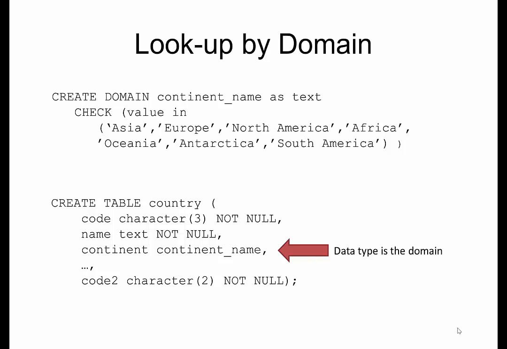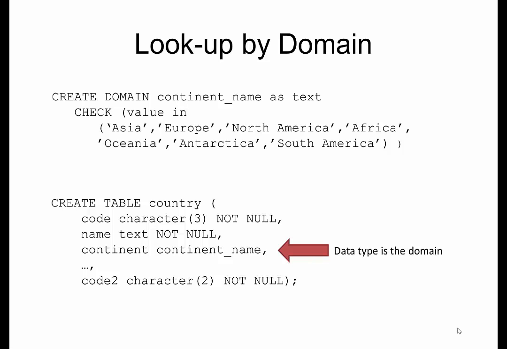And it has a check constraint on it, that the value is in Asia, Europe, North America, etc., our list of continents. And then when we create our table country, where we define the field continent, instead of the continent being a character field, it is now a field of type continent name.